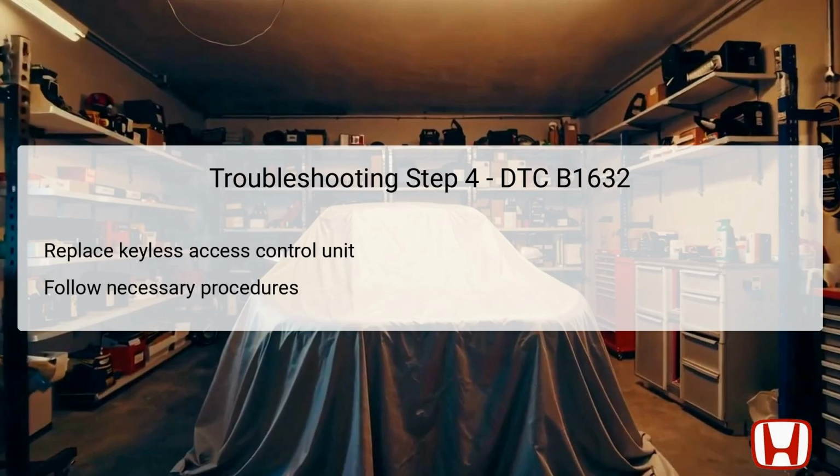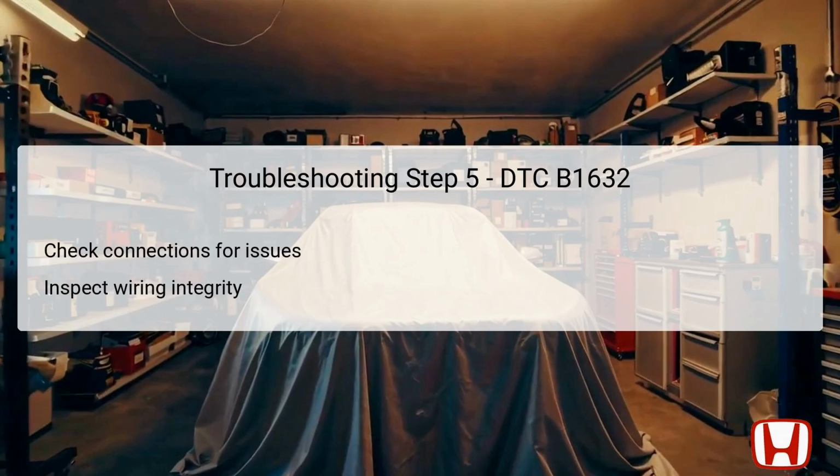Replacing this component is essential to restoring the full functionalities of the keyless access system, which directly impacts the convenience of the vehicle's operation. Ensure that the replacement is performed following specific Honda procedures to maintain warranty and functionality. It's also important to conduct tests post-replacement to confirm that the issue has been resolved.